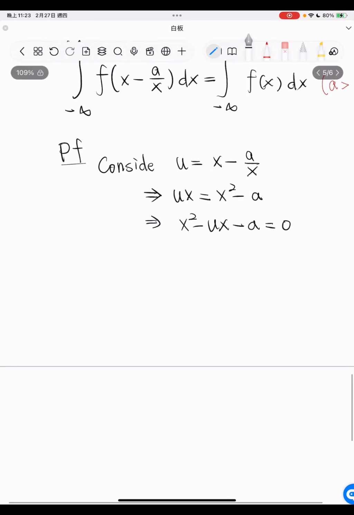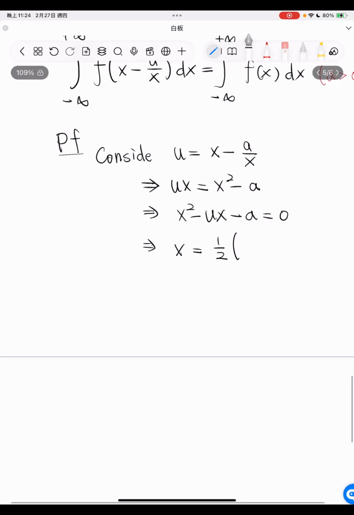So we can solve for x, which is equal to one half times u plus or minus the square root of u squared plus 4 times a.